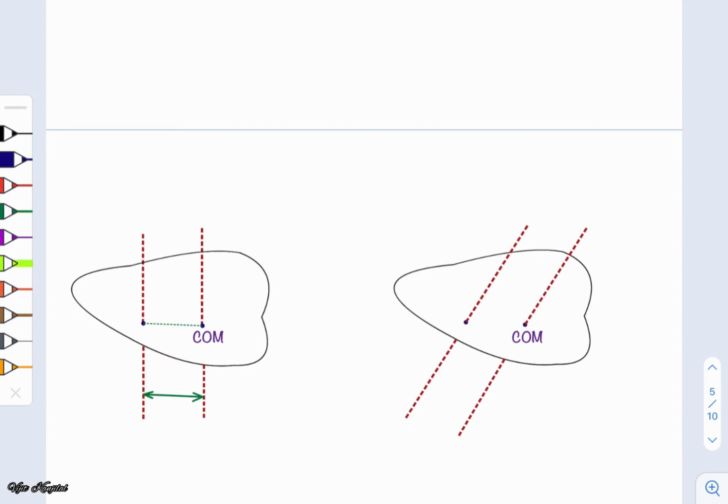So, if we are given a rigid body, and if this is the center of mass, and with respect to this particular axis which is passing through the center of mass, the moment of inertia is IC, and the moment of inertia of this rigid body with respect to this axis is I, and the mass of this rigid body is m, and the distance between these two axes is d, then I would be given as IC plus md square.